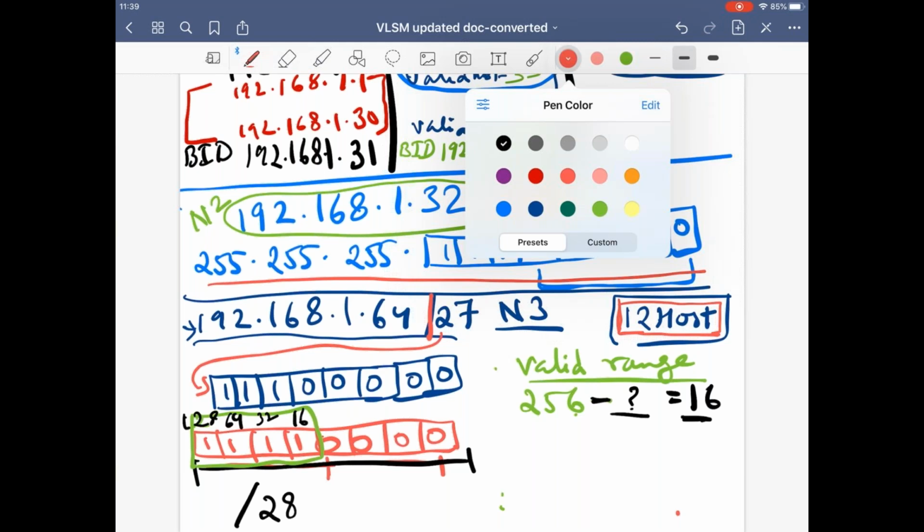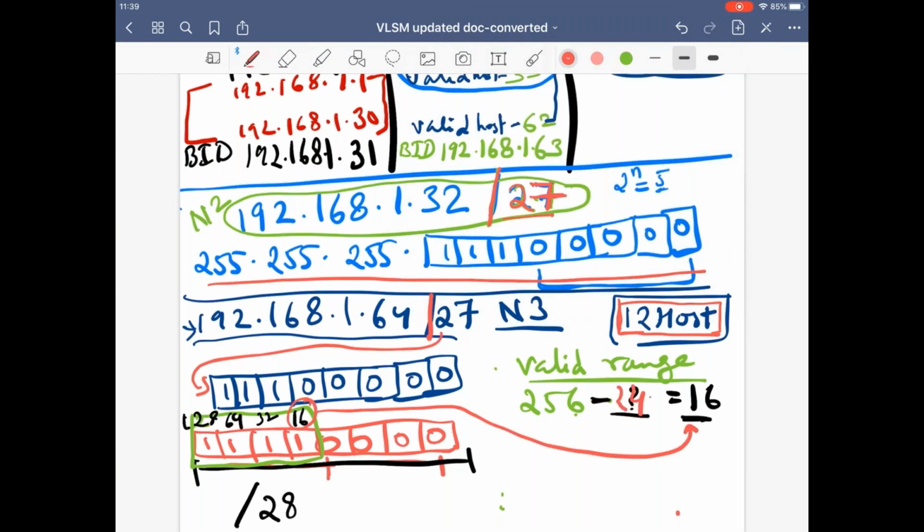Now here the network 1 and network 2. Let's see what will be the network 1. It will start from 192.168.1.64. And N2 will be 192.168.1.130?